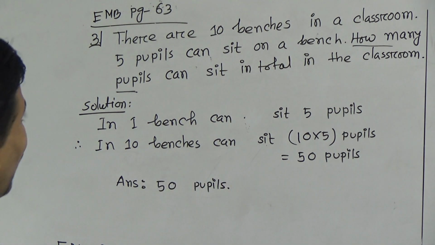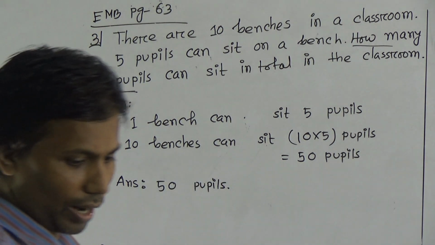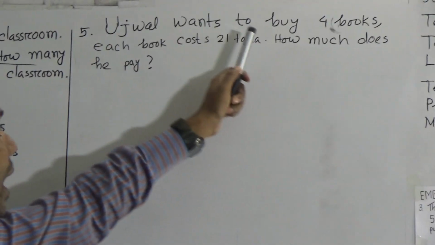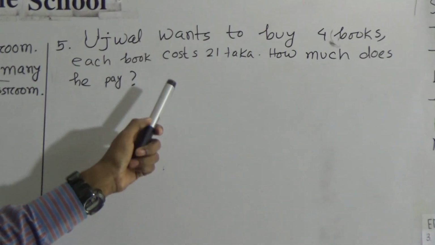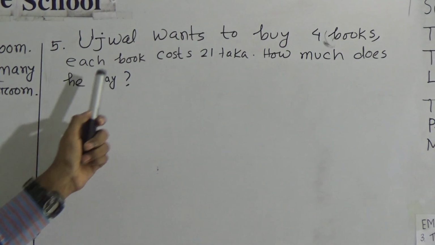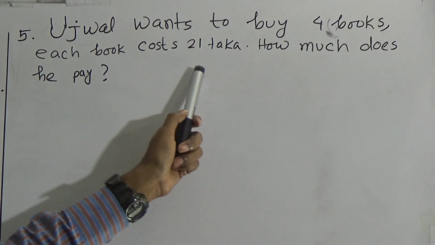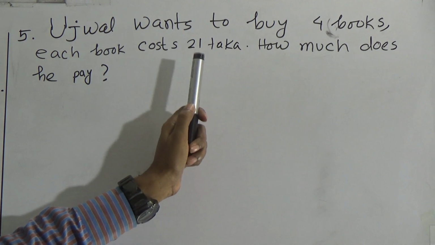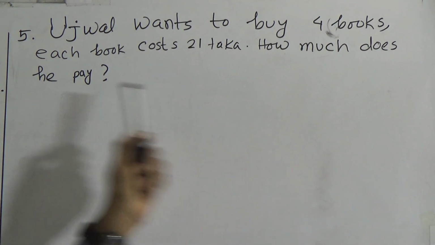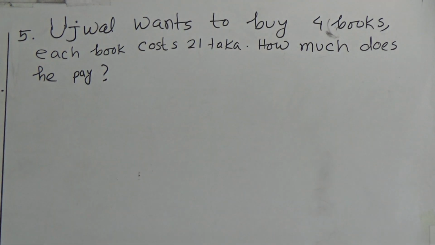Now I'll solve question number 5. Look, Ujwal wants to buy 4 books. His book costs 21 taka. That means the price of one book is 21 taka. How much does he have to pay?